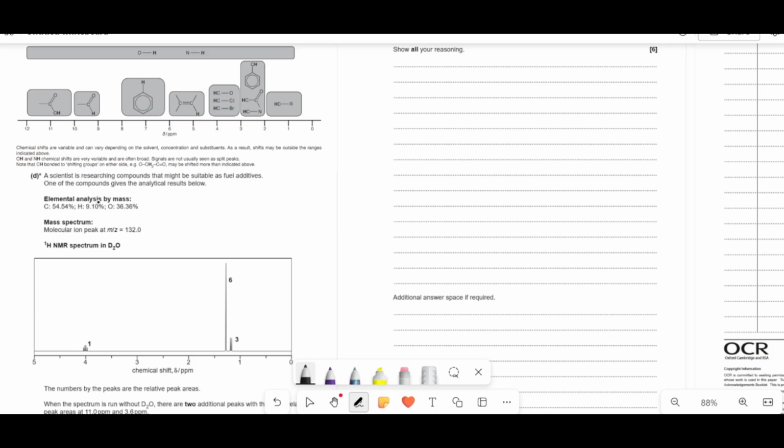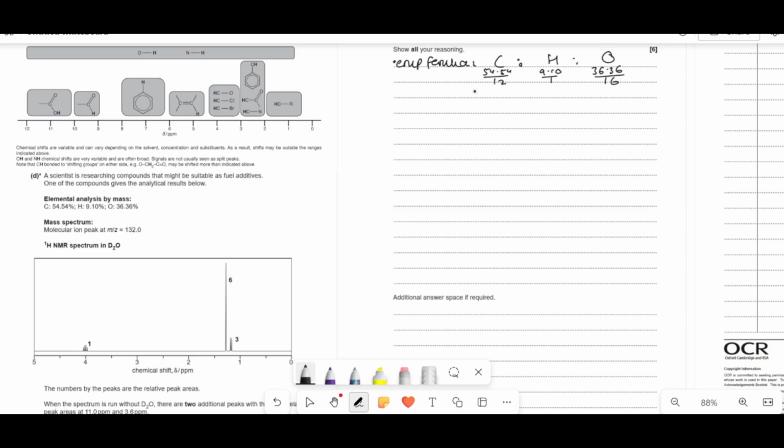We know it's elemental analysis by mass, so immediately we should start by doing the basics, working out its empirical formula. So what you're going to do is work out its ratio of C to H to O. So we know it's 54.54% divided by 12, 9.10 divided by 1, and 36.36 divided by 16.